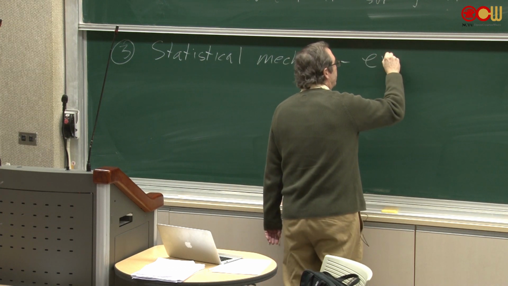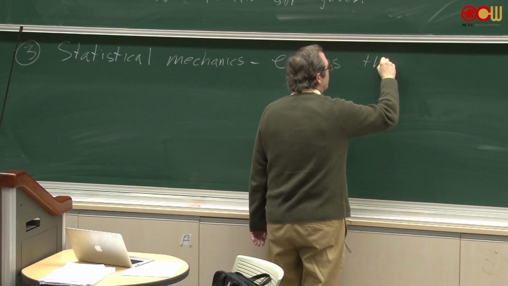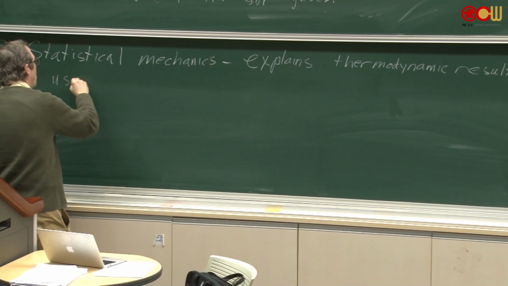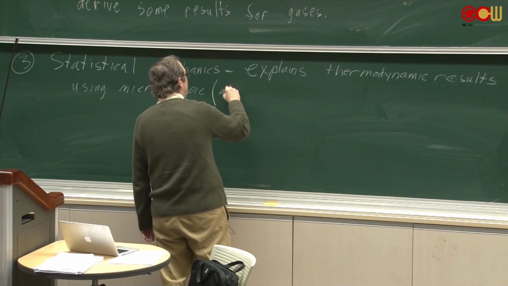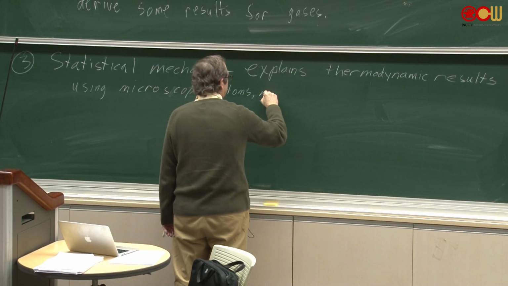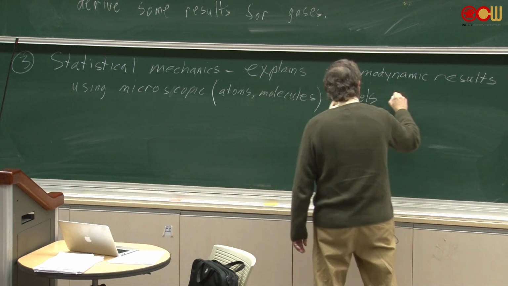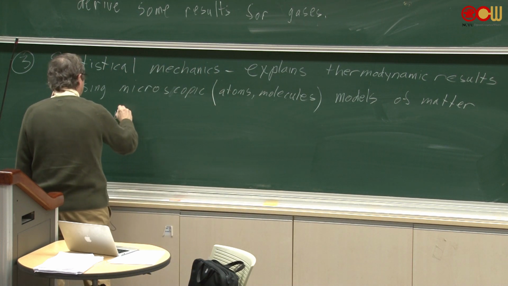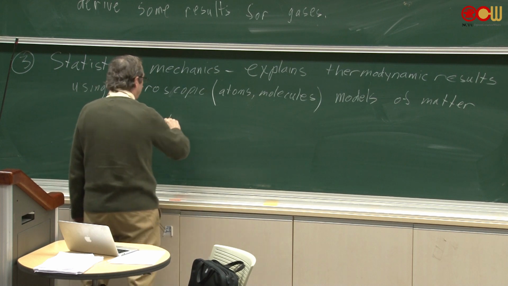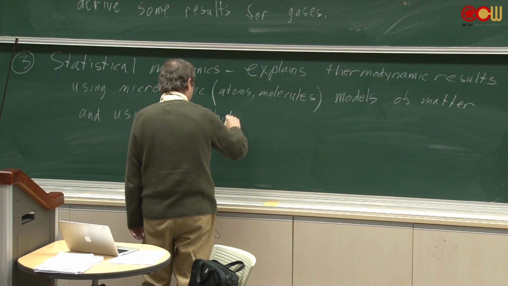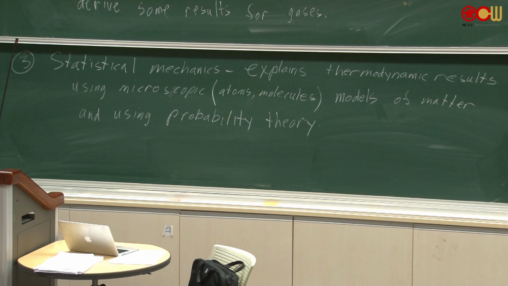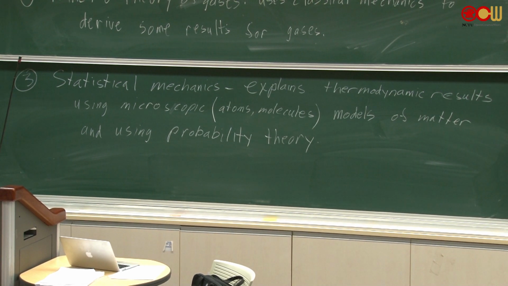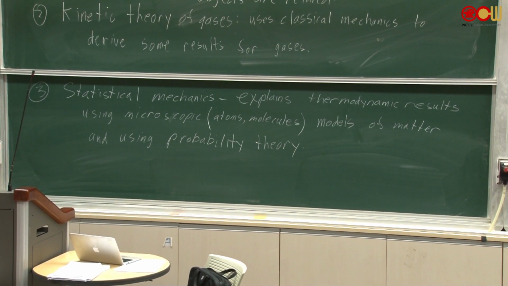And what this does is explain thermodynamic results using microscopic, so that's like atoms and molecules, microscopic models of matter, and using probability theory. And we'll do a little bit with this. So this has been an extremely powerful model of nature, statistical mechanics.